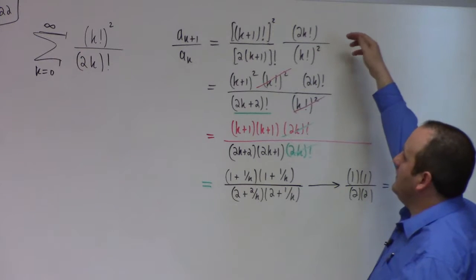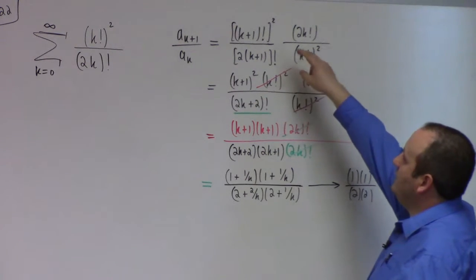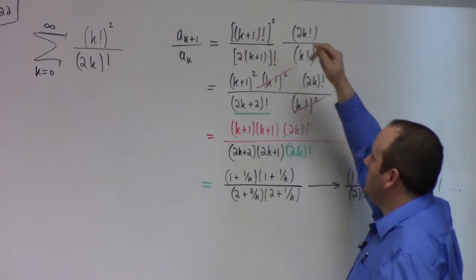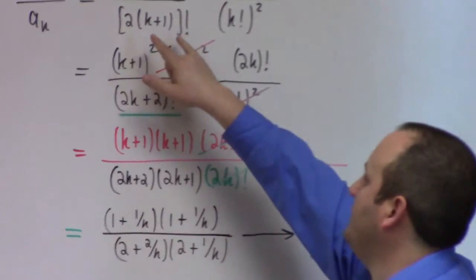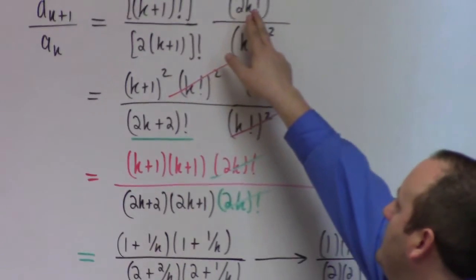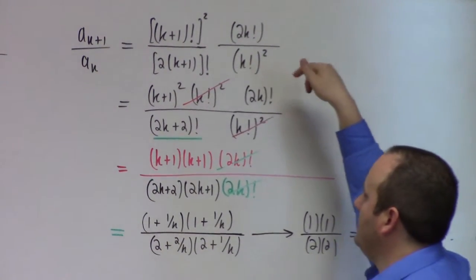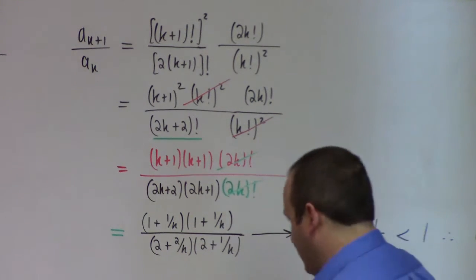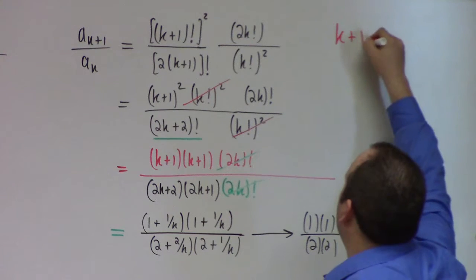And so you've got to calculate the quotient of a sub k plus 1 over a sub k for this one. So I do k plus 1 factorial squared divided by 2k plus 1 factorial. And then I have to divide by k factorial squared divided by 2k factorial, which is this. So the thing I'm using here, the big ideas, two big ideas really.